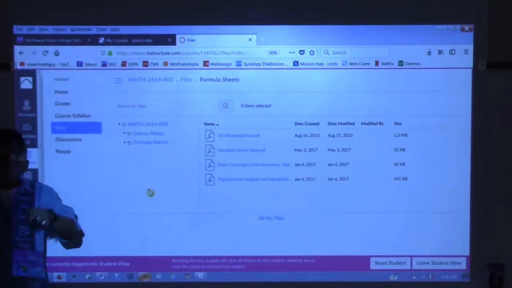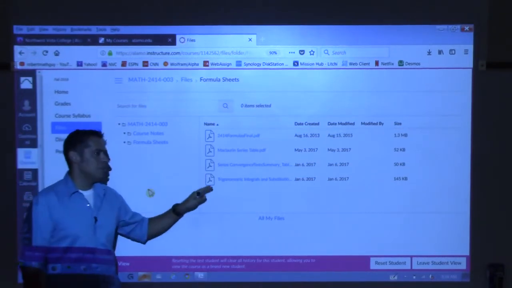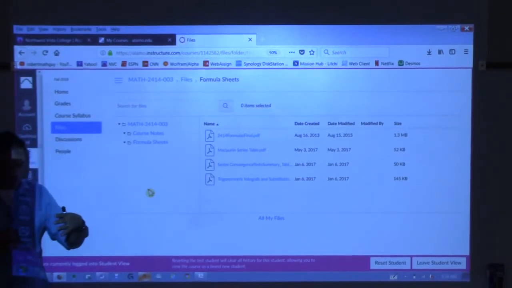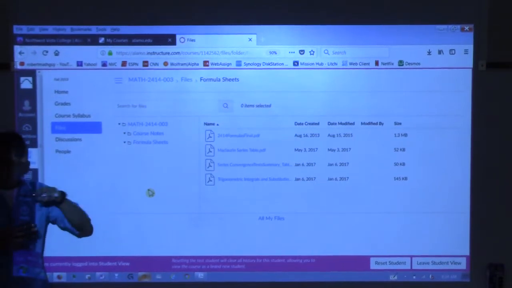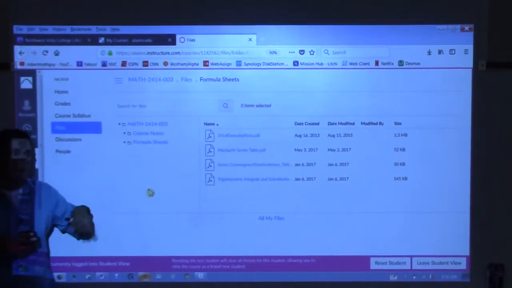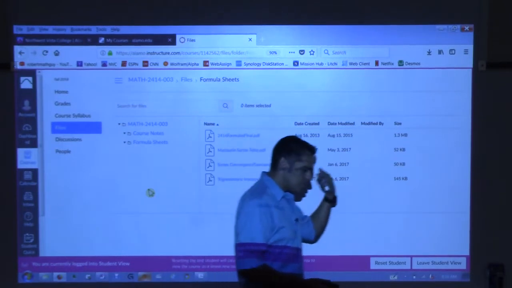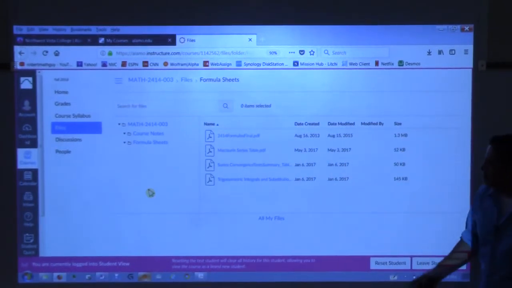Even if you're an engineer, you're going to use every resource you have. So I believe in formula sheets, because if you use them, then you should know where to go to find what you need. That means you've been using it, and that shows a certain level of thinking. So yes, these are the formulas.